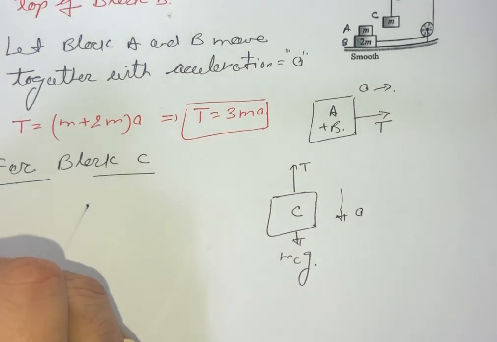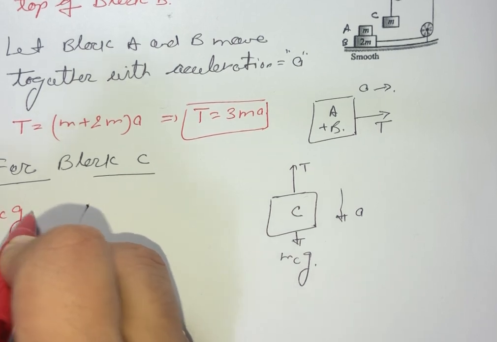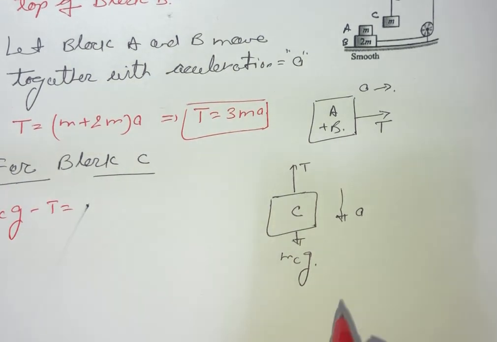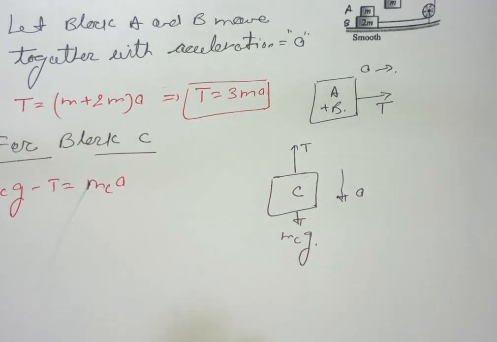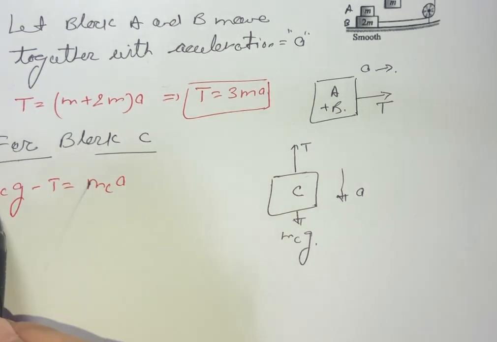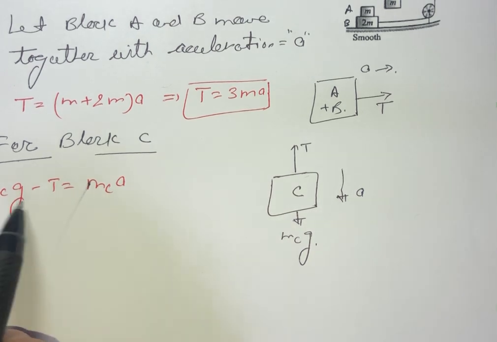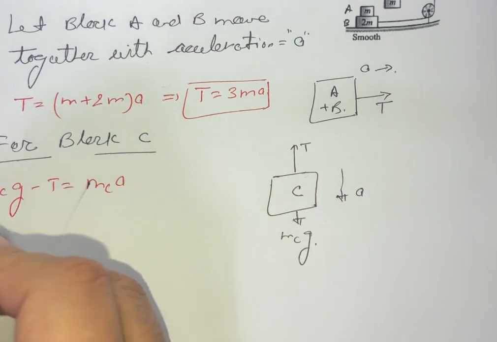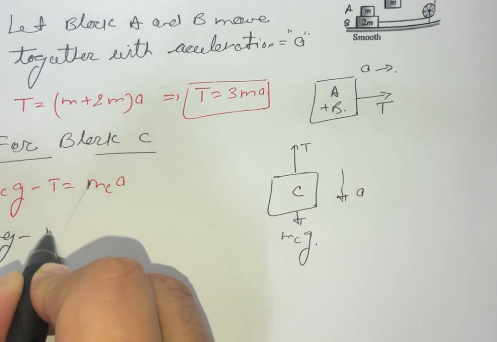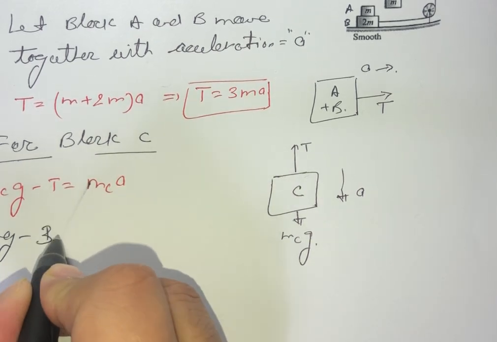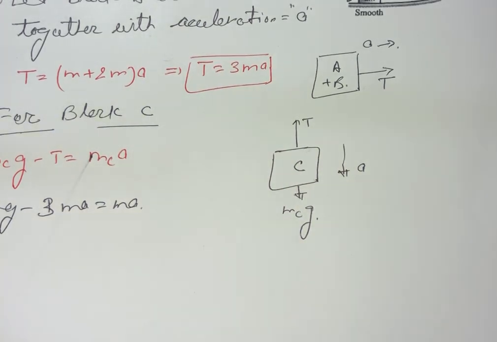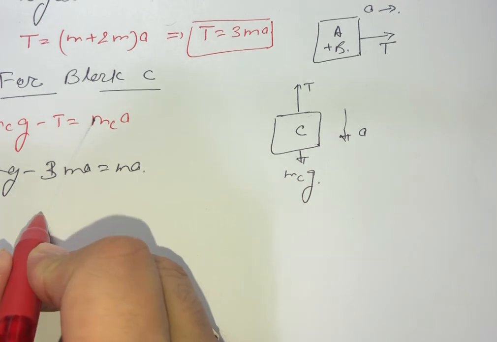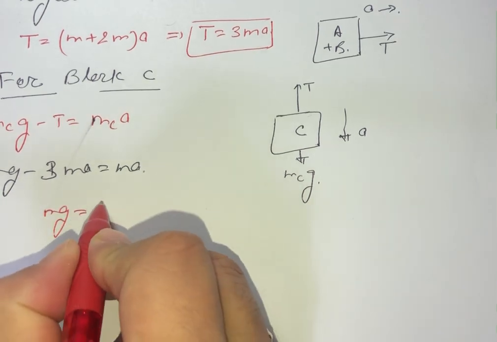We can say that mcg minus T will be equal to mca, and we substitute the value of tension T, which is 3ma, and mc is equal to m. So we can say that mg minus 3ma is equal to ma, and from here mg will be equal to 4 times ma.